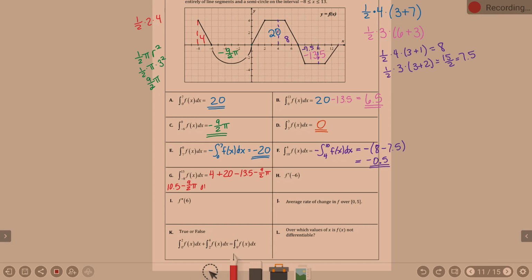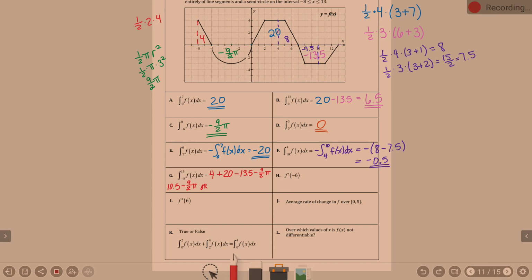What is 10.5 as a fraction? If we change 10.5 to an improper fraction, it's like 21 divided by 2.